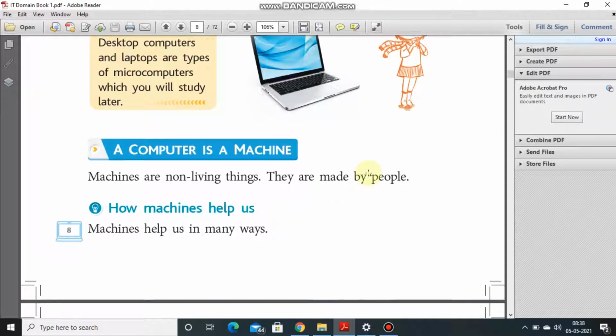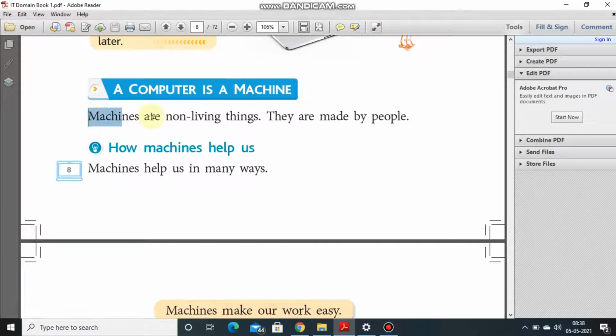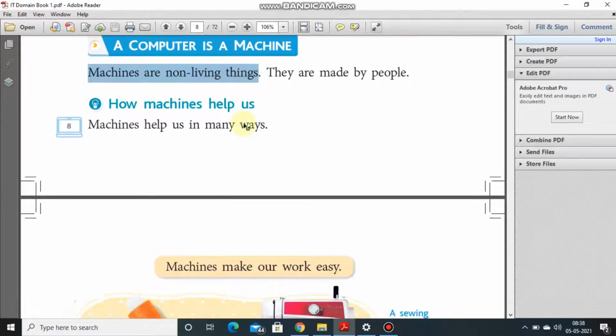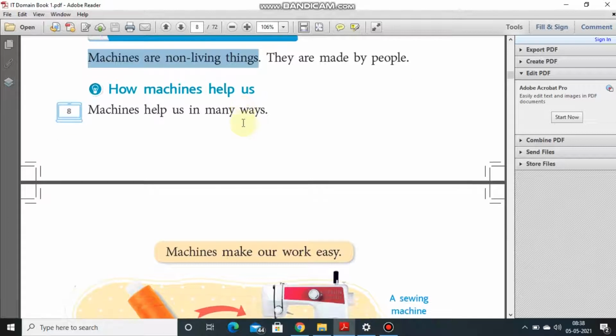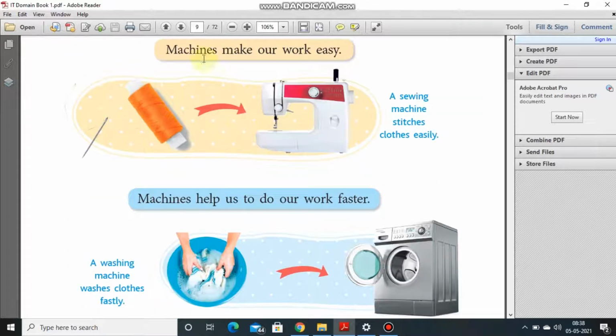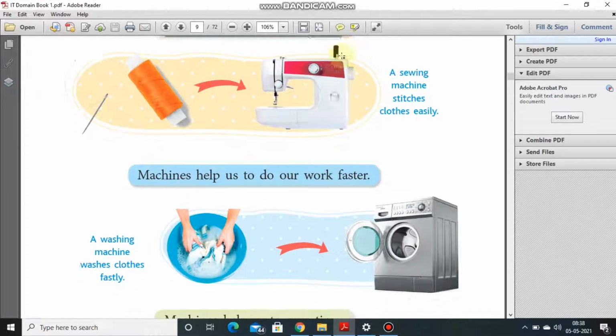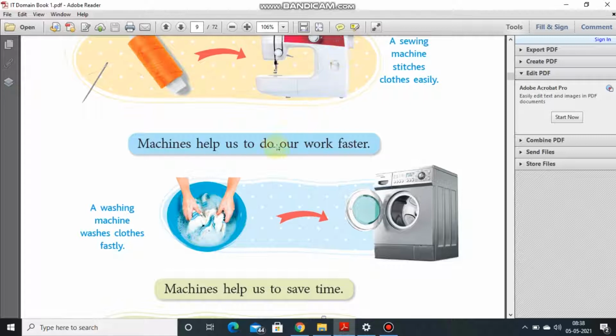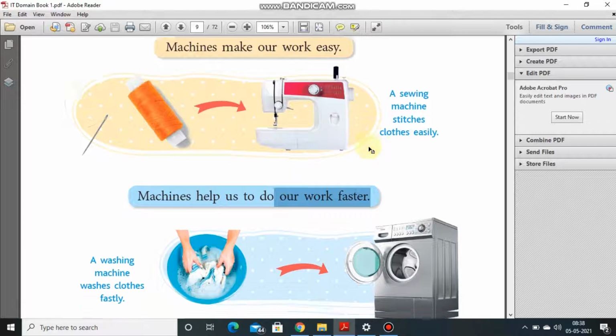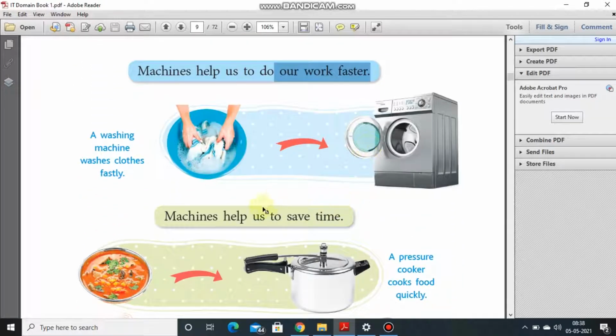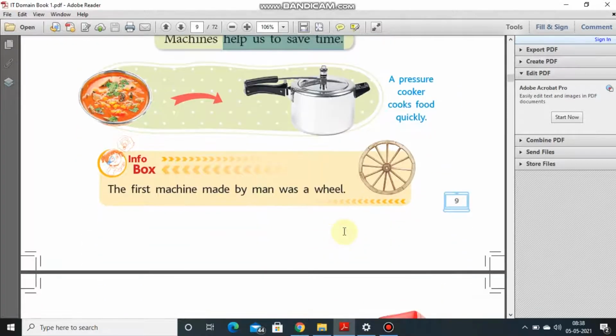Then we studied that machines are non-living things. They are made by us, that is human beings. Machines are used to make our work easy and faster, so work finishes quickly and easily. They also help us to save time, like I have discussed in my video.